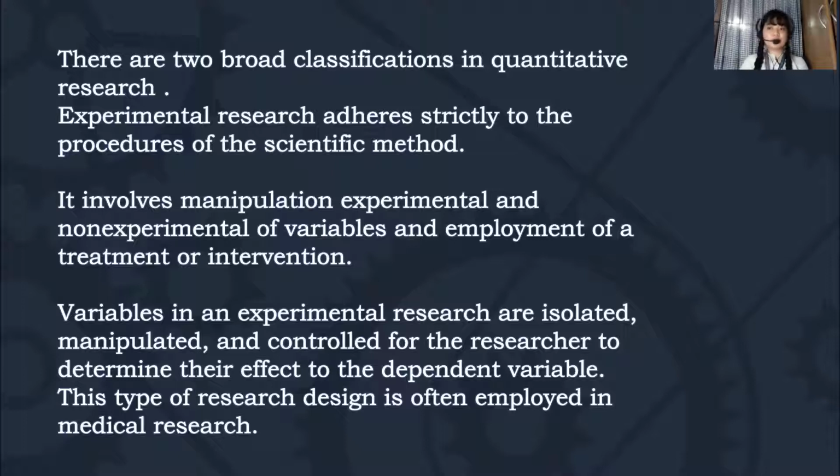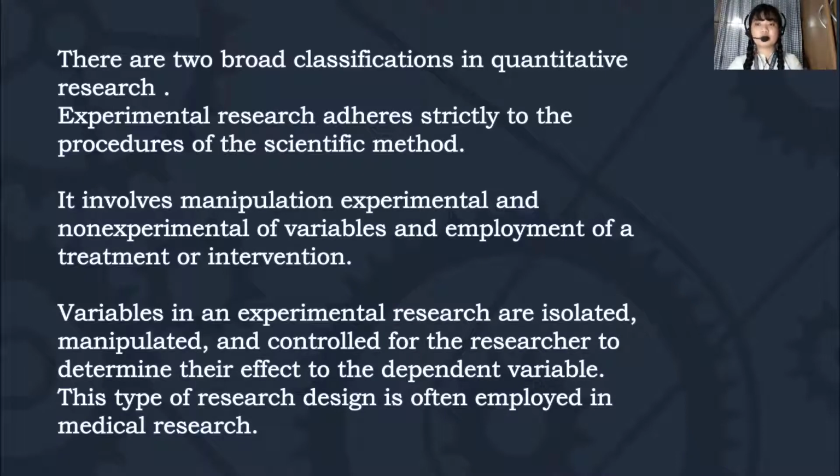For those who would like to pursue a medicine course, especially in STEM, they are encouraged to make an experimental research. Why? Because in experimental research, you manipulate the independent variable to affect the dependent variable.